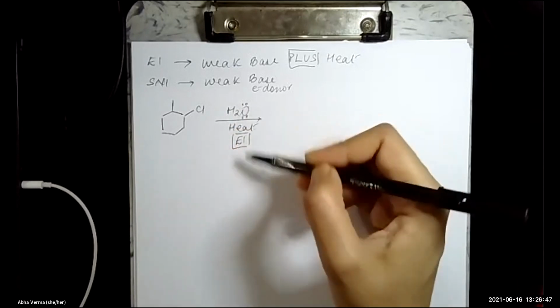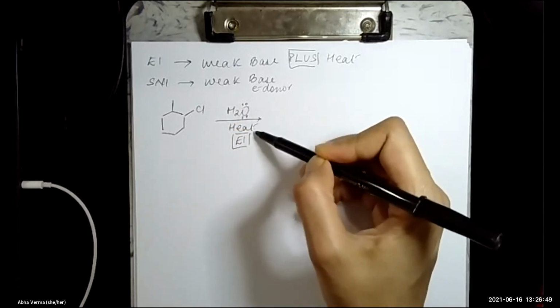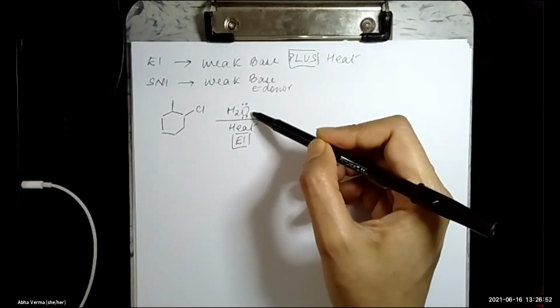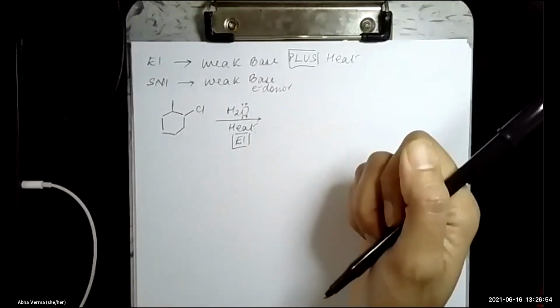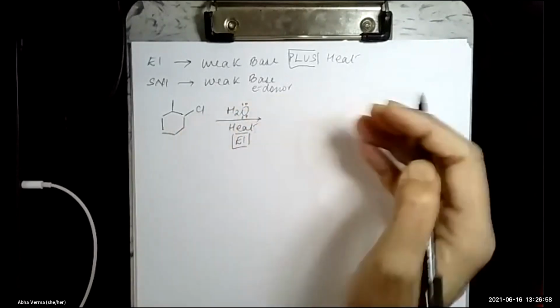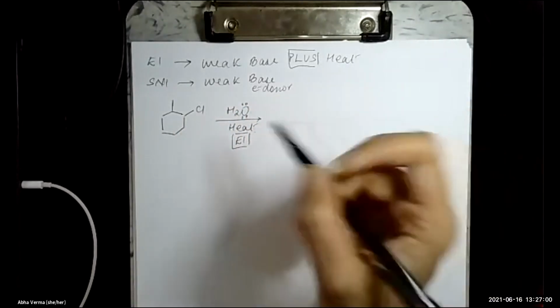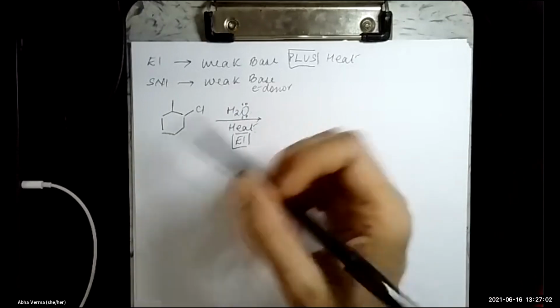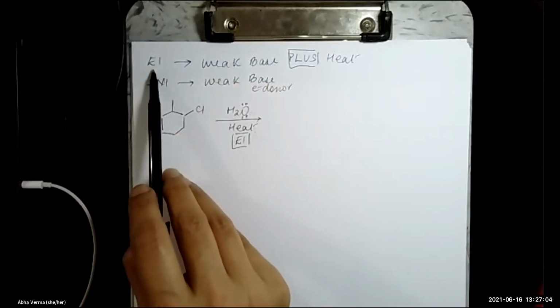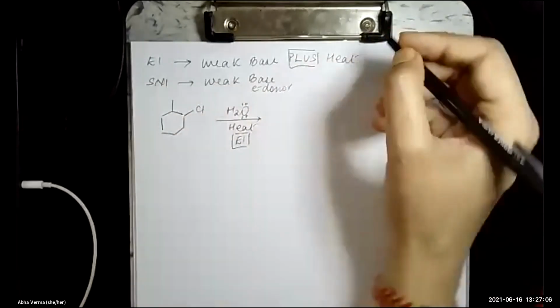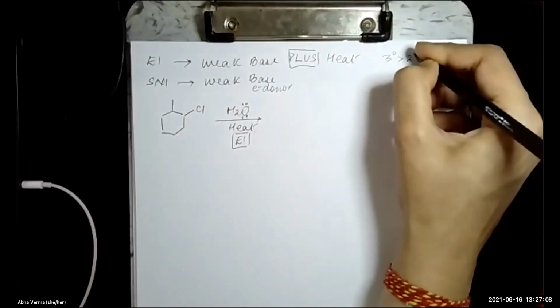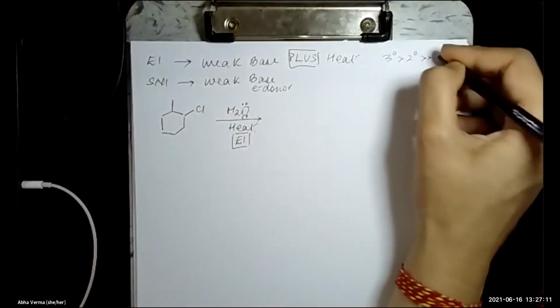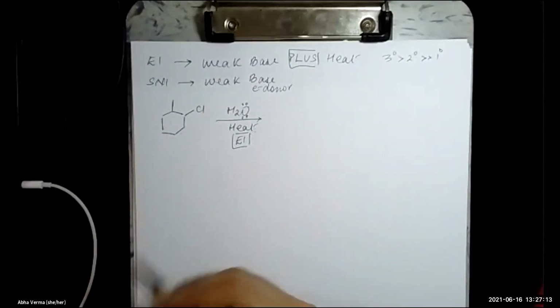So these are your clues: heat, weak base or weak electron donor, and a substrate of primary, secondary, tertiary kind. Primary substrates will usually not do E1. So E1 also likes tertiary, secondary, sometimes primary also.